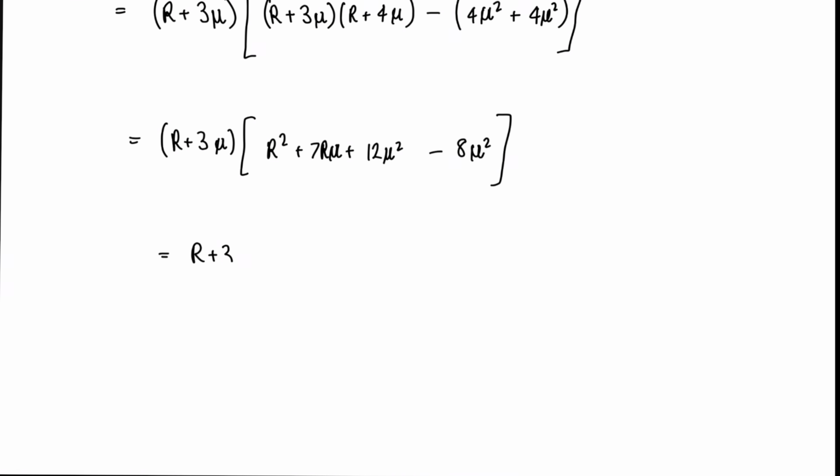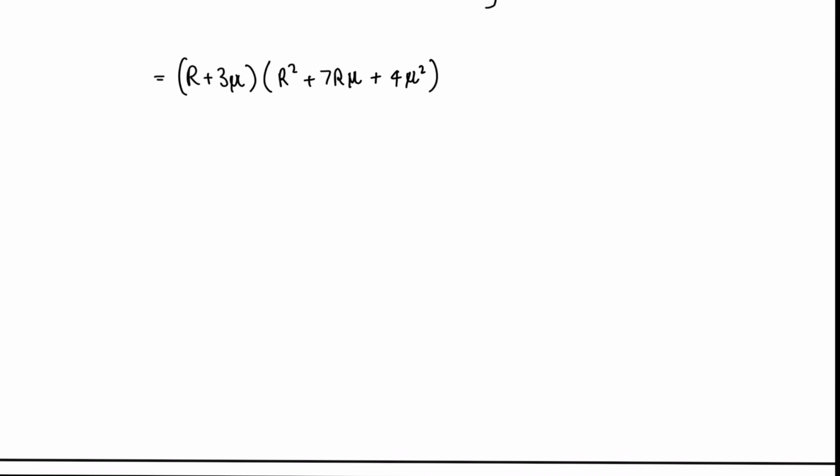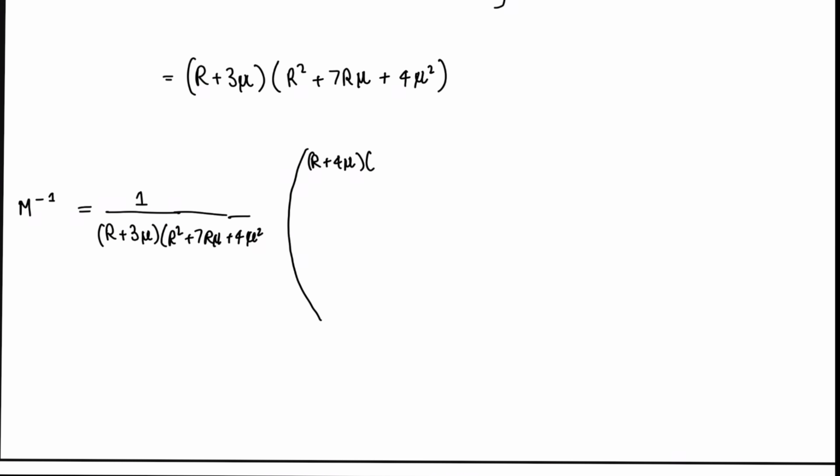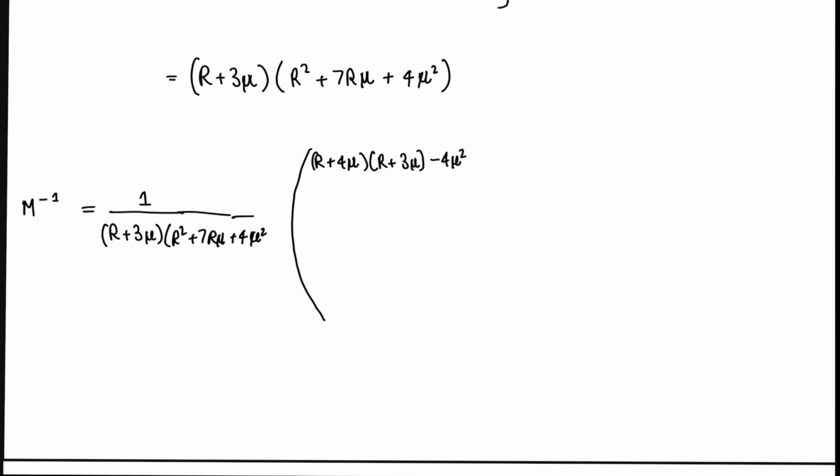And so finally the determinant of the matrix is (r plus 3 mu)(r squared plus 7 r mu plus 4 mu squared). So the inverse of this matrix is 1 over (r plus 3 mu)(r squared plus 7 r mu plus 4 mu squared), and then the matrix that we found out before, which is (r plus 4 mu)(r plus 3 mu) minus 4 mu squared.